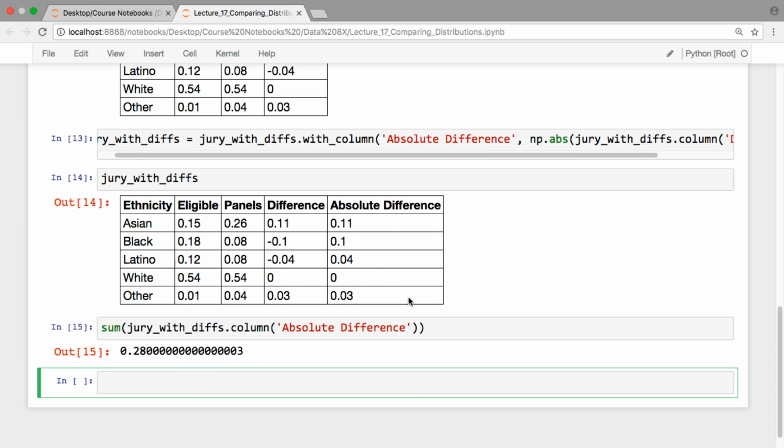That's 0.28, and that's double the 0.14 that is the total positive difference. It has to be double because we're counting both the plus differences as well as the minus differences.